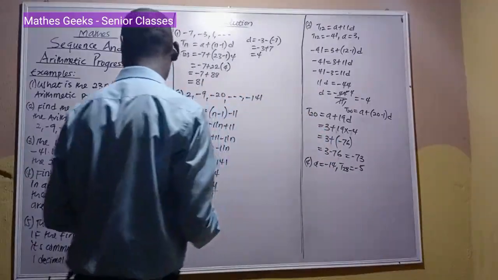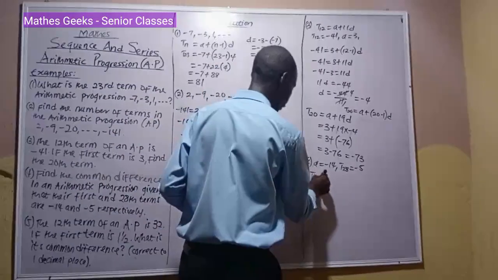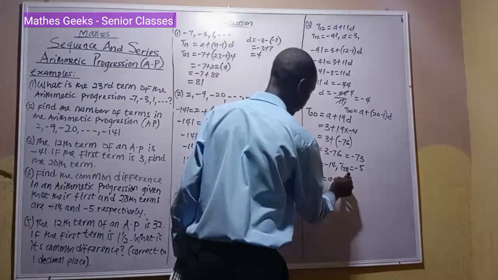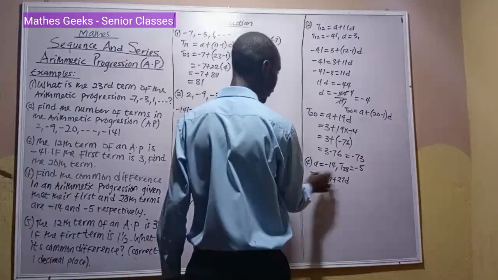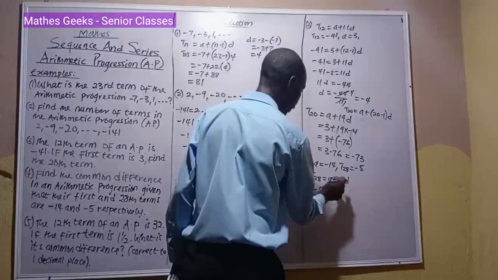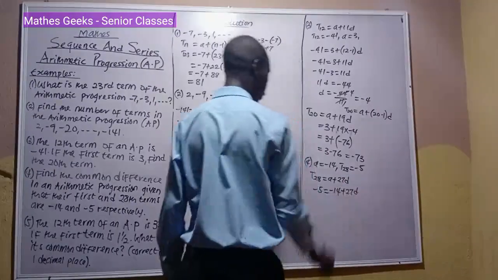T28 is equal to A plus 27D. A is minus 14, and the 28th term is minus 5. So minus 5 is equal to minus 14 plus 27D, and we're looking for the common difference.